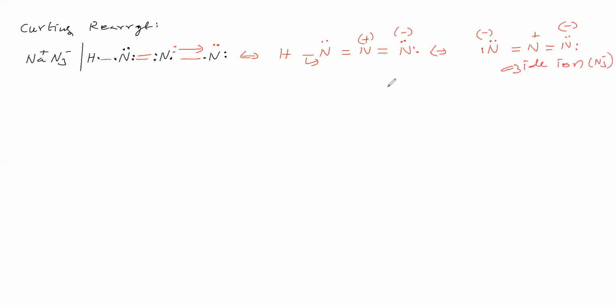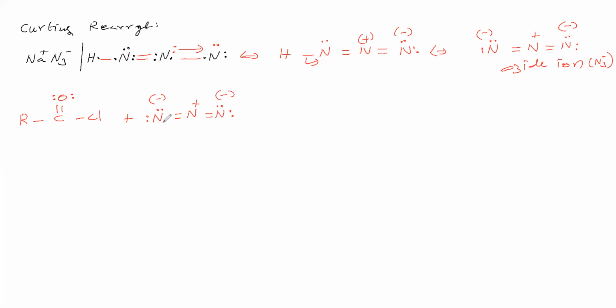This N3 minus we will take for the Curtius rearrangement with acid halide. The acid halide we are taking is RCOCl. We will take the azide.